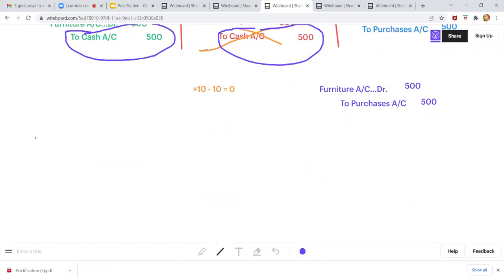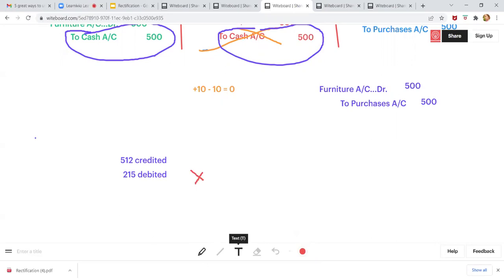Here we had to credit Jian's account with the amount of rupees 512. We have to credit it. But by mistake, what happens? 215 rupees was debited, right? So this is wrong. This is wrong. So there is an error, so we have to rectify this error.